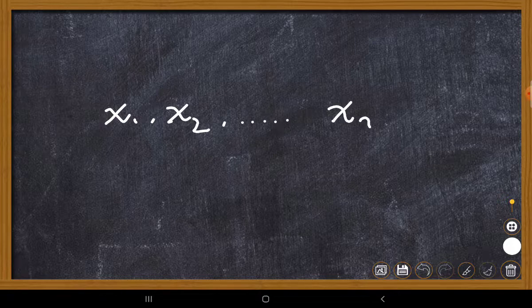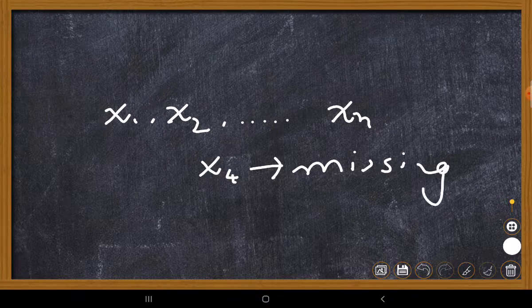Interpolation is the technique of filling up intermediate terms of a series. What this means is that suppose you have a series x1, x2 and so on up to xn, and suppose a value, x4, is missing.